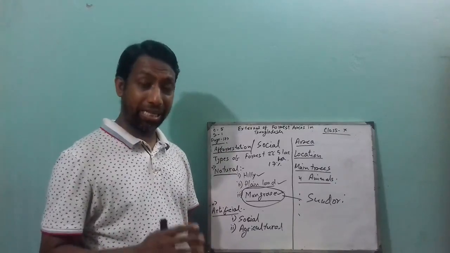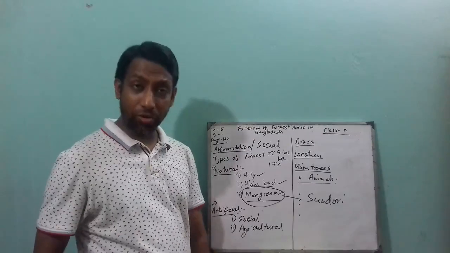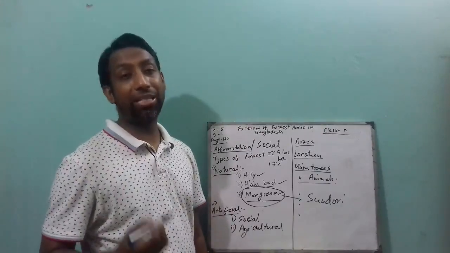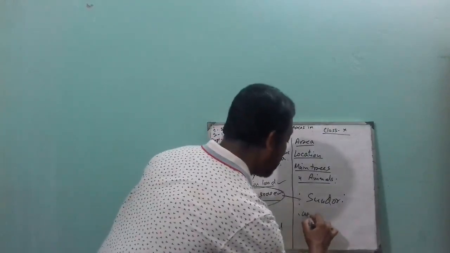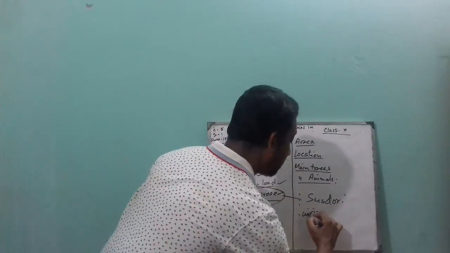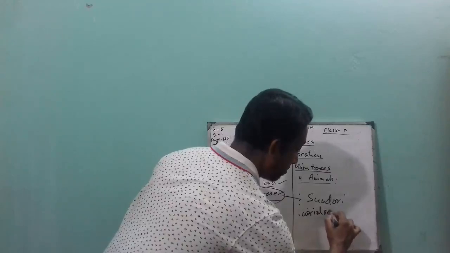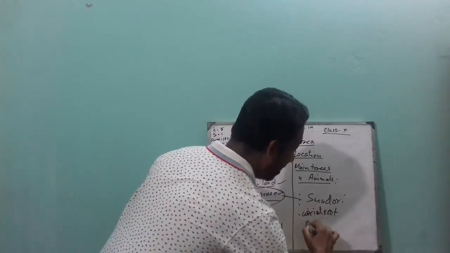That is why this plant has aerial roots, and they can easily take oxygen from the air. This aerial root is also called pneumatophore.